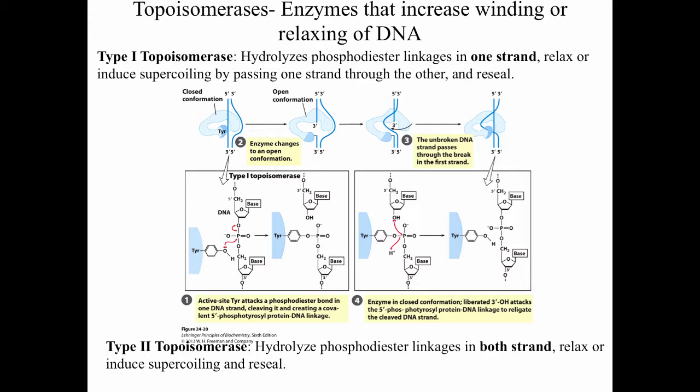For the purposes of this exam, you do not need to know the mechanism of how the phosphodiester bond is broken. You just need to know what type 1 and type 2 topoisomerase are and the differences between the two.